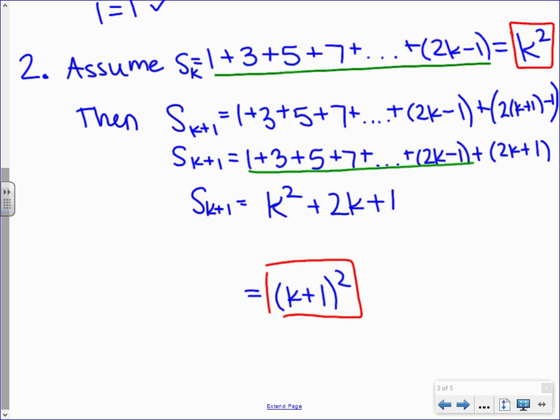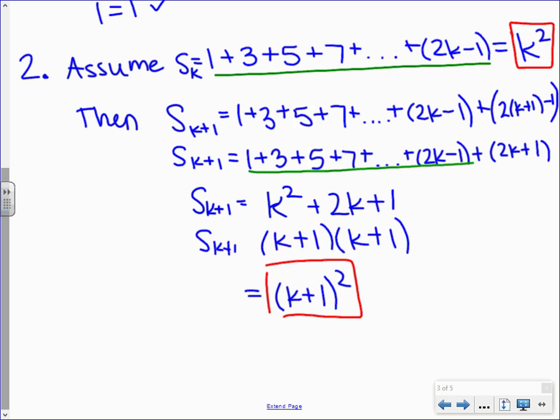How can we go from K squared plus 2K plus 1 to K plus 1, the quantity squared? Okay, say it out loud. Factor it out, right? K squared plus 2K plus 1 is K plus 1 times K plus 1.